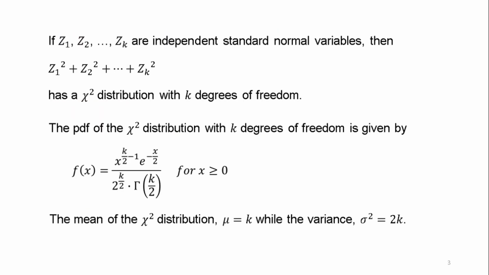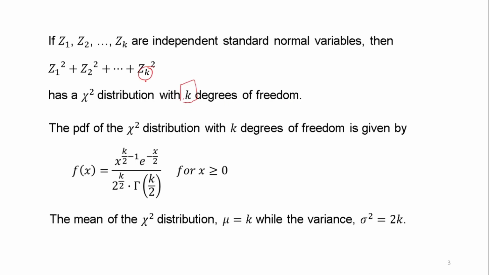If Z1, Z2 until Zk are independent standard normal variables, then Z1 squared plus Z2 squared plus until Zk squared has a chi-square distribution with k degrees of freedom.